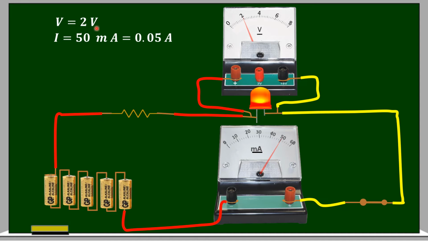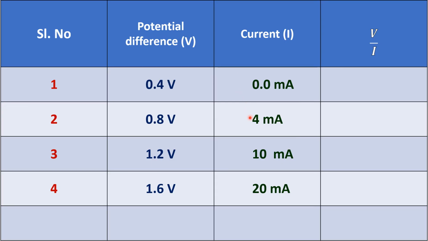So V equal to 2 volts, I equal to 50 milliamperes, that is 0.05 amperes. I am noting down these values in the table here. Serial number 5, potential difference is 2 volts, current is 50 milliamperes.